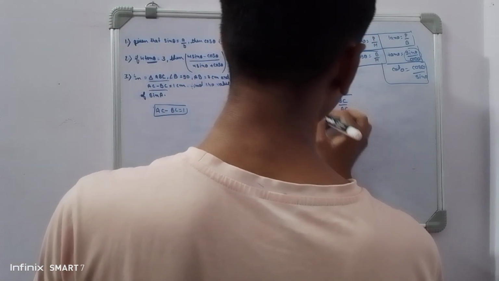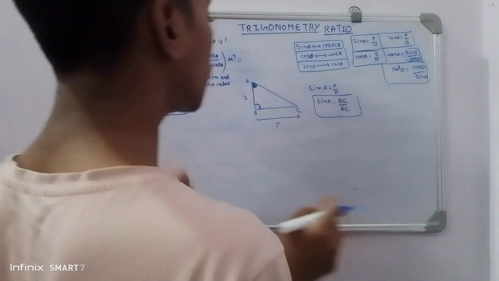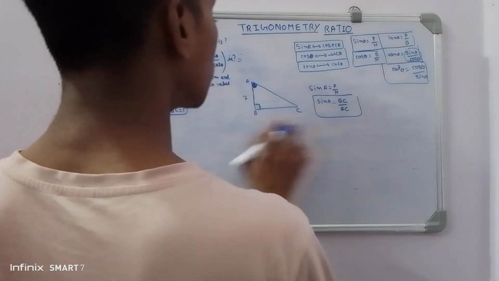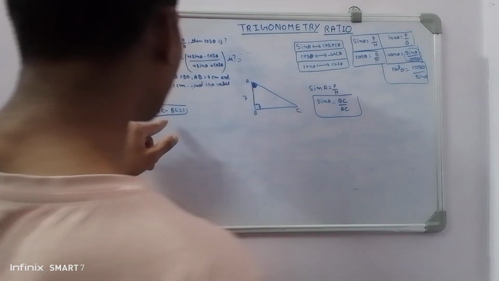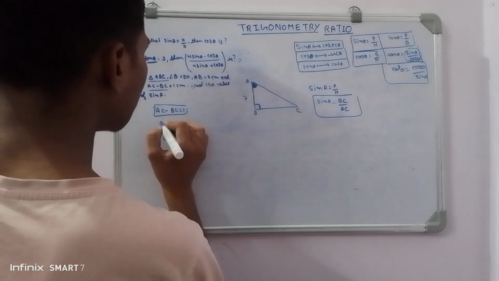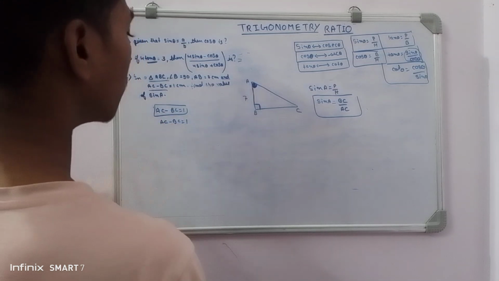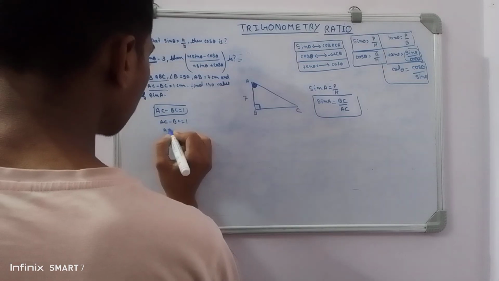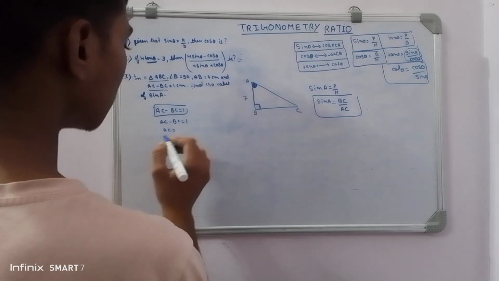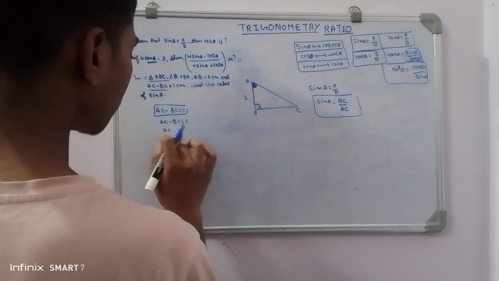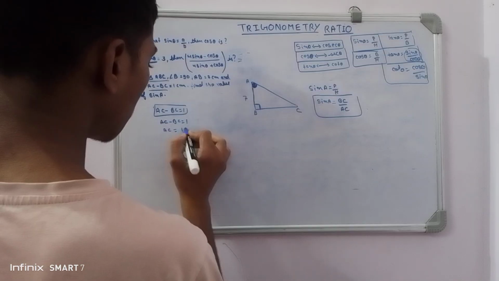But you don't know the value of BC or AC, either one of them. So how will you find it? But you are given this relation, that AC minus BC is equal to 1 centimeter. So this can be written as AC is equal to 1 plus BC.